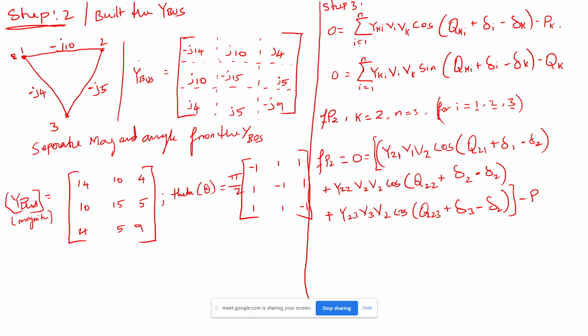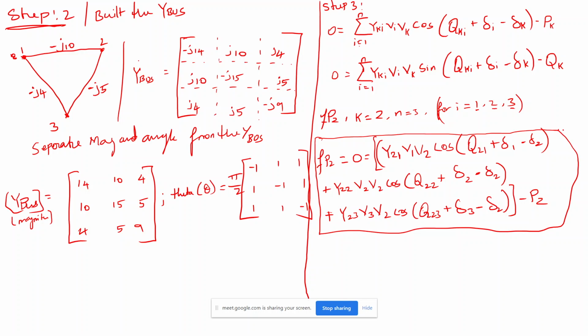K means what? Here k is 2, right? It is p2. Understand? So this is equation 1. So we found this unknown thing.